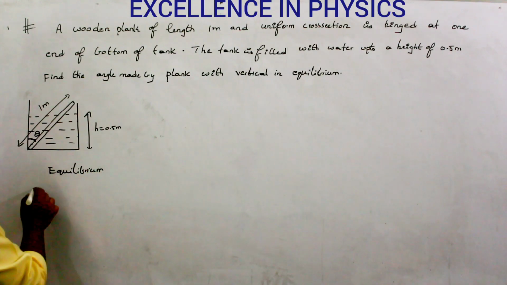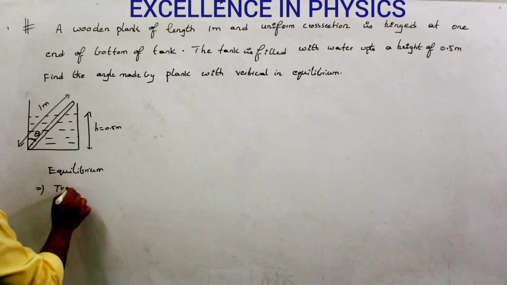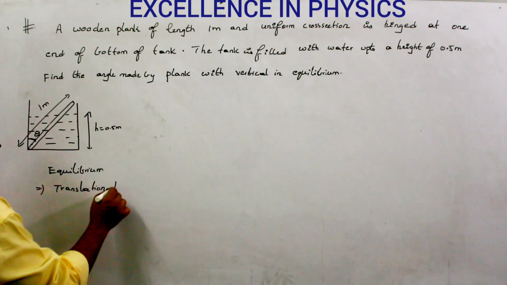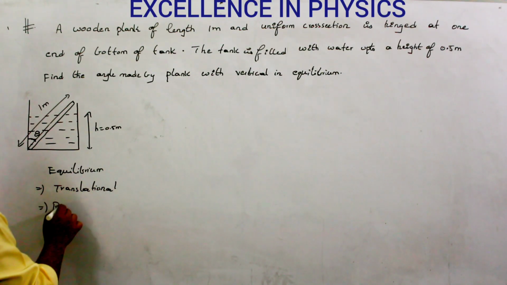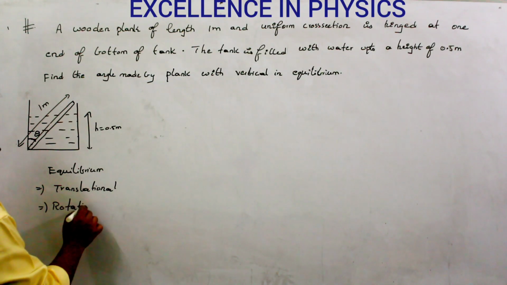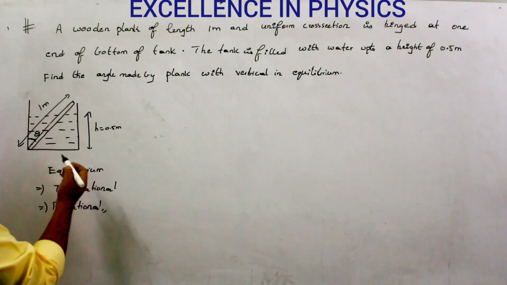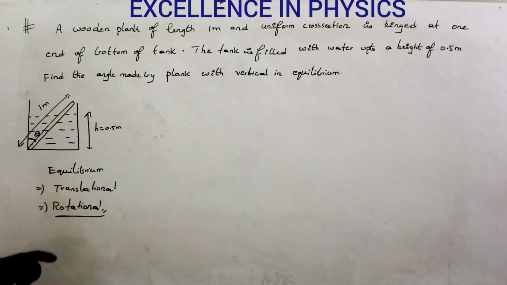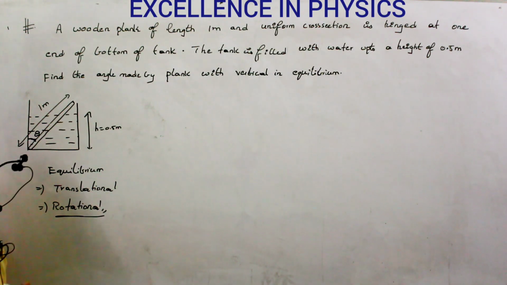Two types of equilibrium are there: translational and rotational equilibrium. We will try to solve this problem with the help of rotational equilibrium, because he is asking the angle theta at which this rod is in equilibrium.